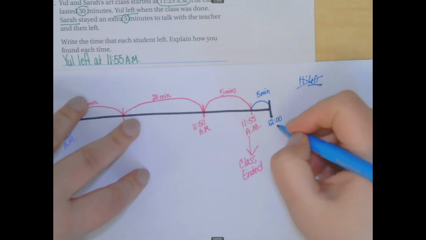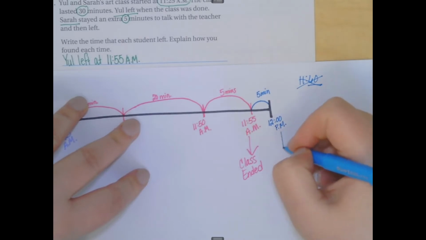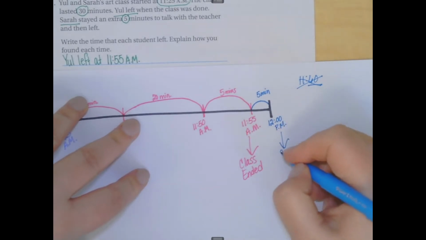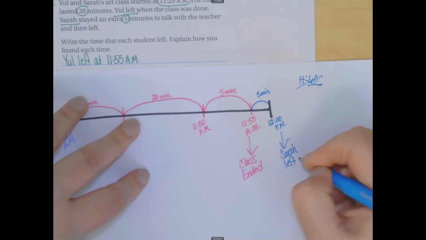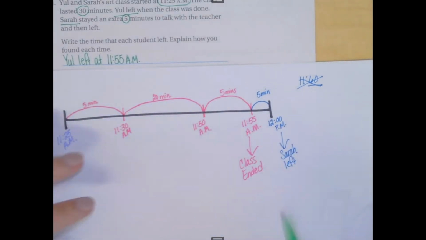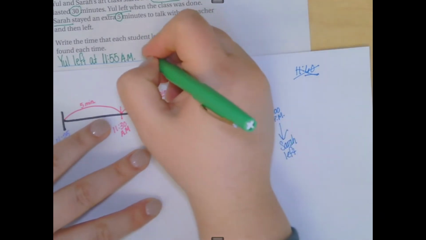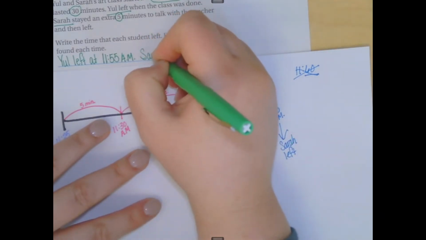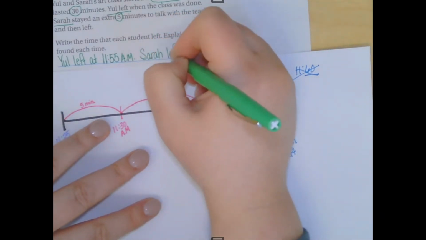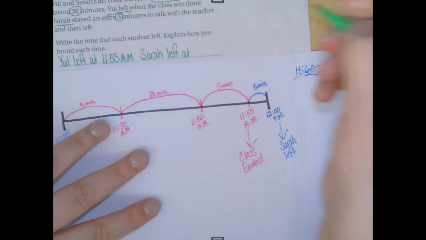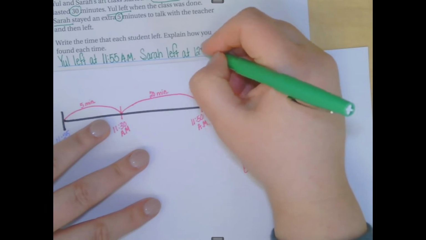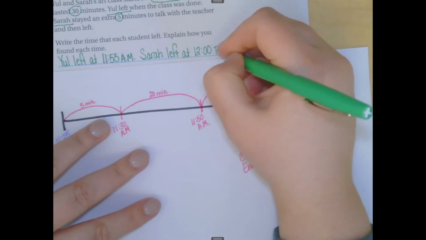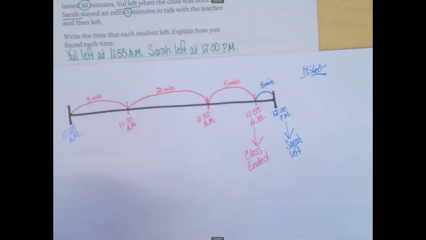So noon comes post morning, and this is when Sarah left. Okay, so now I can put Sarah left at, you could write noon, or you can just write 12 p.m. Okay?